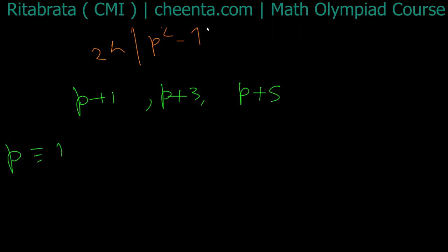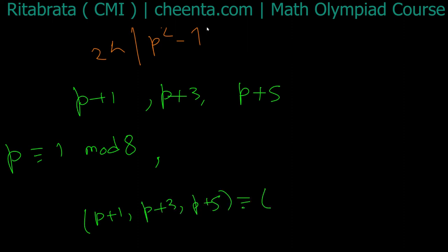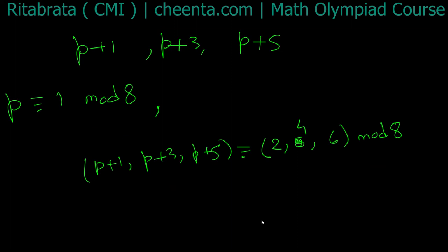If p is congruent to 1 mod 8, then p plus 1, p plus 3, p plus 5 are congruent to, wait, p is congruent to 1, so 1 plus 1 is 2, 1 plus 3 is 4 and 1 plus 5 is 6 modulo 8. So none of them is divisible by 8 because they leave remainders 2, 4 and 6.